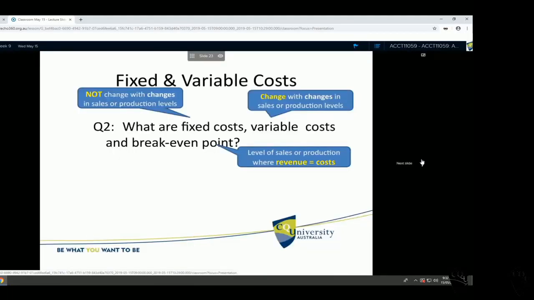So it's the level of activity, the level of sales or production, where revenue equals costs. It's a very important thing to get a handle on in our businesses, because if you can get your activity above the break even, you make money. If you get your level of activity below that, you lose money. Generally in business, when you make money, you're happy, and when you lose money, you're unhappy.